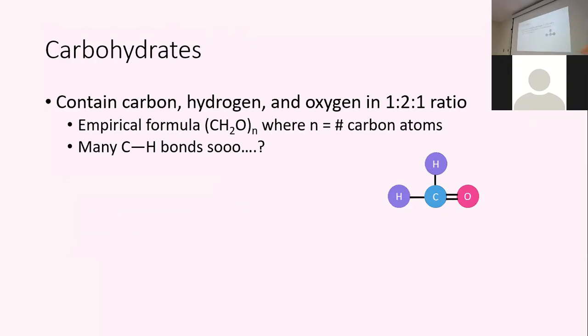So carbohydrates, right there in the name, carbons and hydrogens. Carbohydrates contain carbon, hydrogen, and oxygen, in a specific ratio. For every 1 carbon and 1 oxygen, they've got 2 hydrogen, right? So that molecular formula then is CH2O, right?